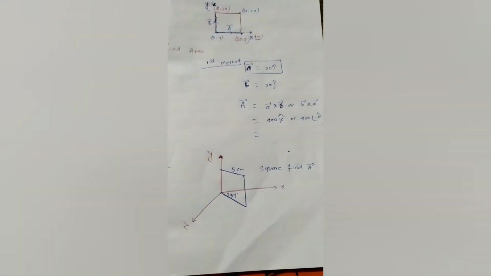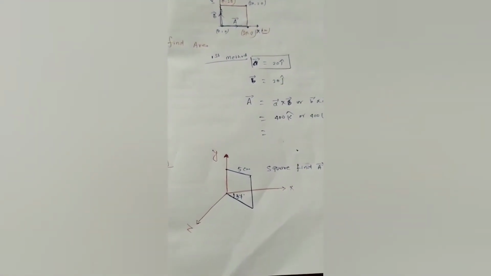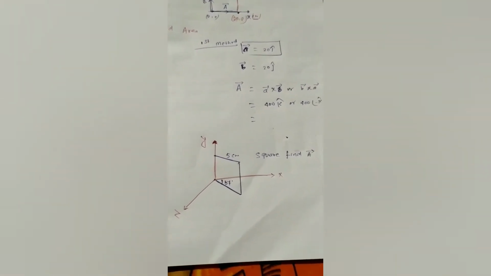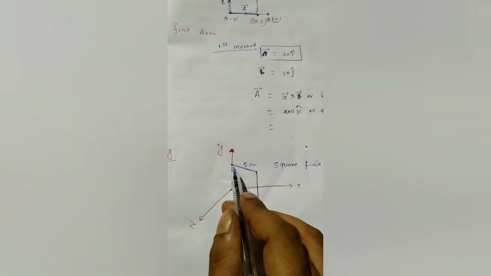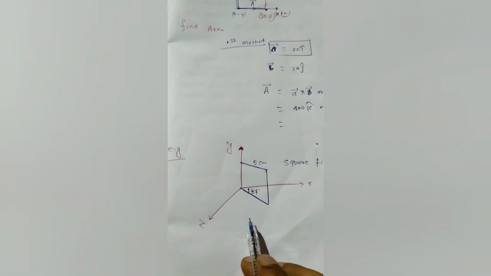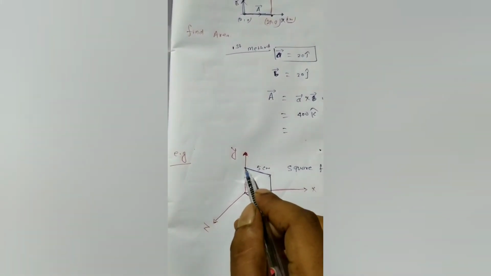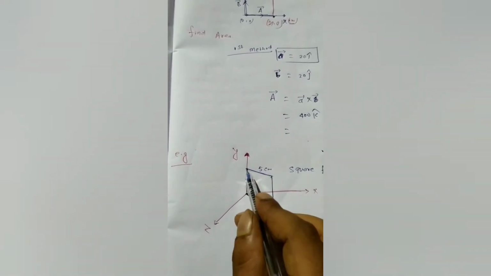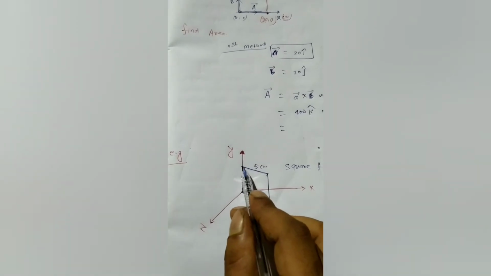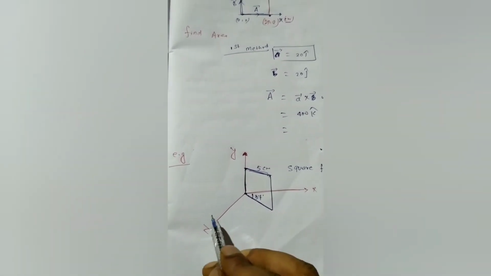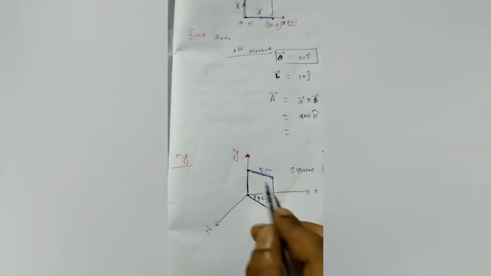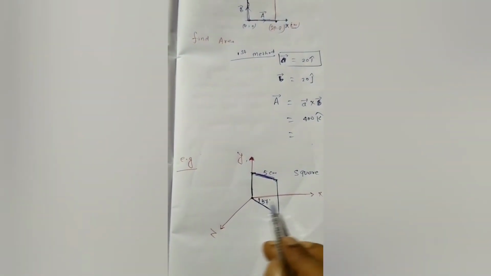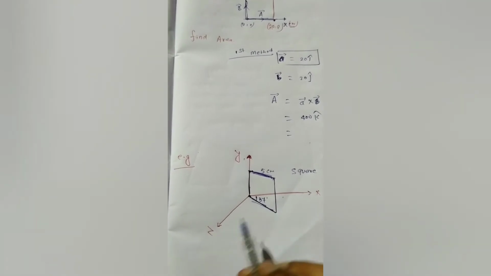Okay, so see the next question. Just see here a square whose side is 5 centimeter. This square is kept in XYZ space in such a way that some of its sides are in the XY plane, just like this is Y, this is X. So this side will be in the XY plane, and this is the XZ plane, so this side will be in the XZ plane.